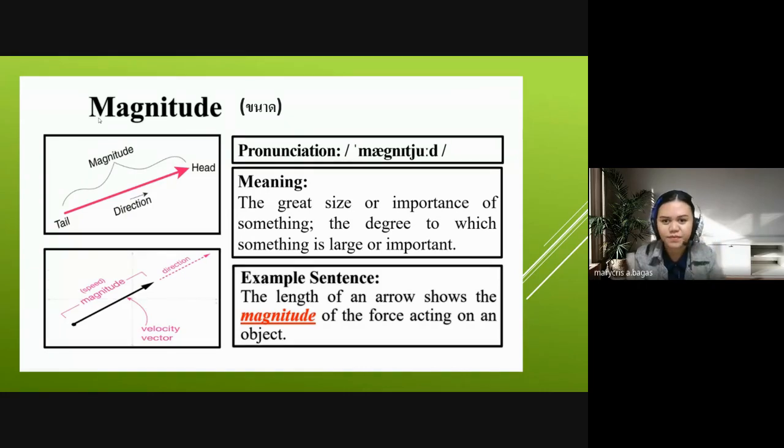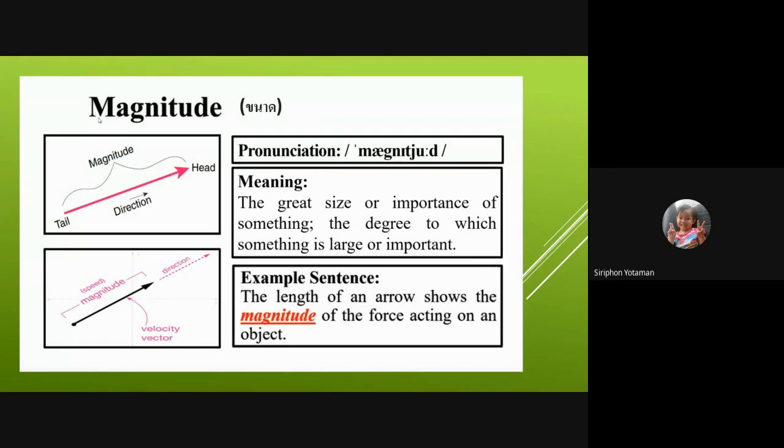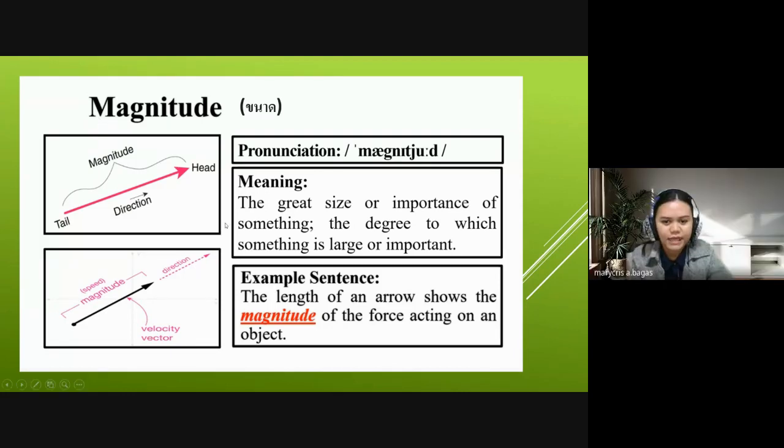Magnitude. Magnitude means size. Example sentence: The length of an arrow shows the magnitude of the force acting on an object.